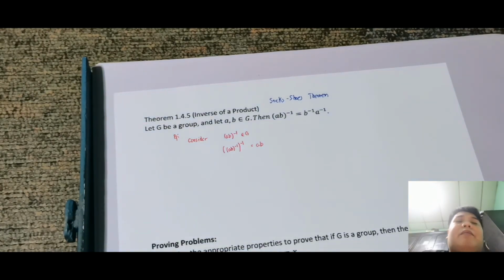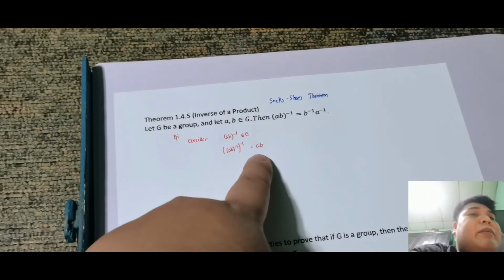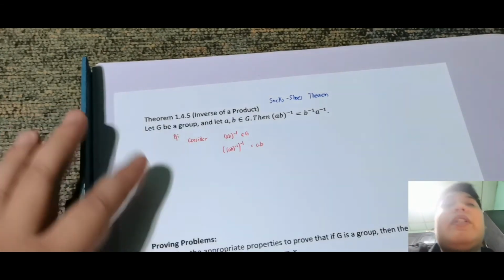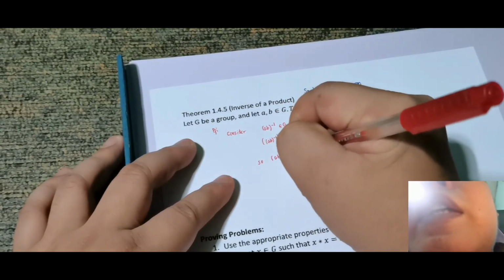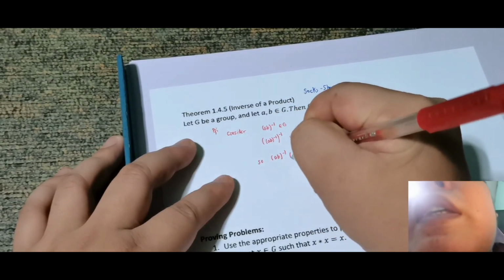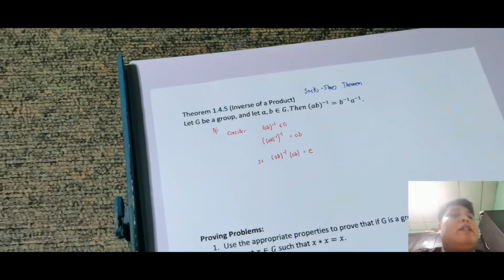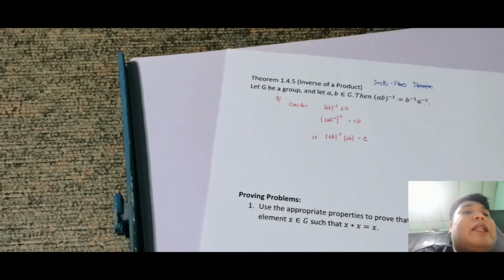Paano two-way, sir? Ang una kong gagawin is, yung (AB) inverse, multiply ko sa AB. So alam natin na (AB) inverse AB is equal to E. So sure tayo dyan based dito sa ating observation or sa kinonsider natin.